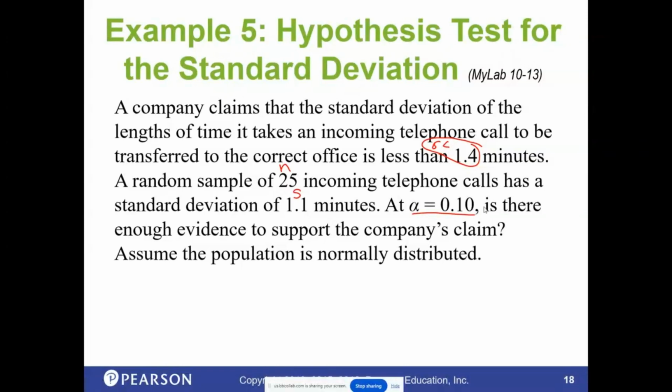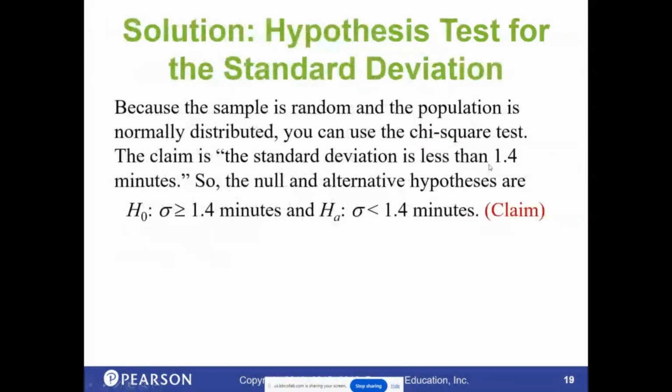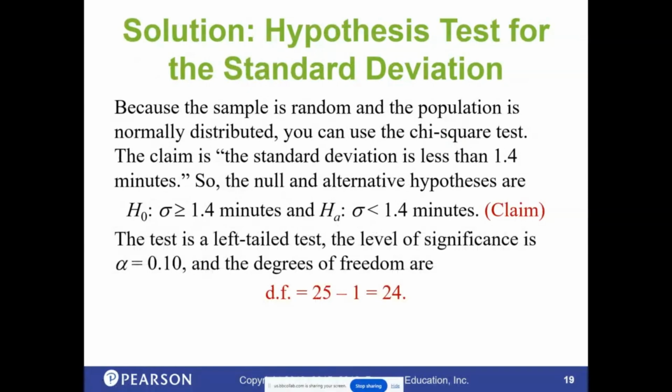So my claim is that the standard deviation is less than 1.4. So that's my H sub A, making my H sub O that the standard deviation is greater than or equal to 1.4. Now, based on this H sub A, what kind of test are we going to have? Left, right, or two-tailed? Left. Okay.